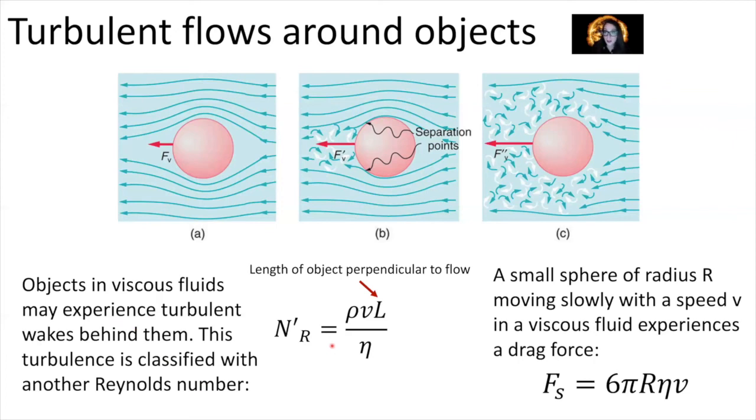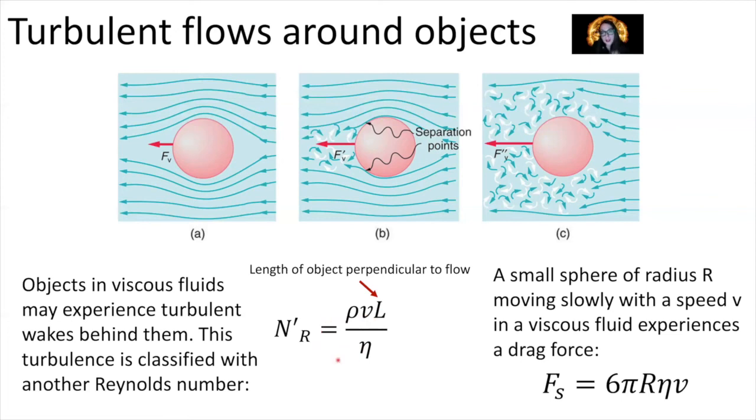In this case, this Reynolds number, which still tells you how turbulent the system is, is given as the density of the fluid times the speed of that object moving through the fluid times the characteristic length of that object moving through the fluid, divided by the viscosity of the fluid.